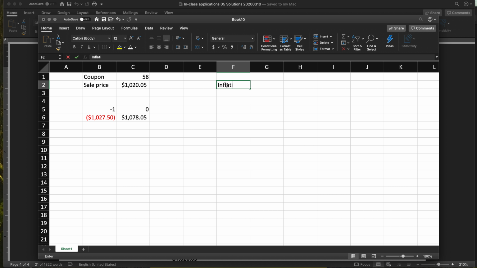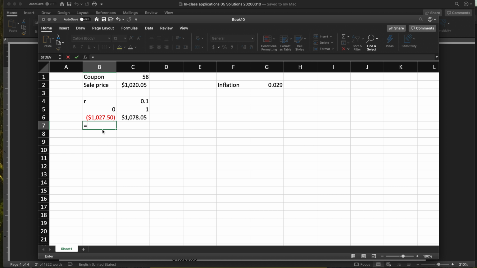So I'm going to put inflation out here, 0.029. There's a couple different ways to do this. You could pretend that this is time 0 and time 1. It doesn't really matter. It's not going to change your answer that much, but it's easier conceptually for me to explain it to you. Let's guess at a rate.